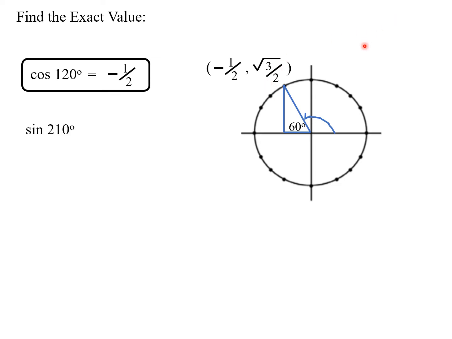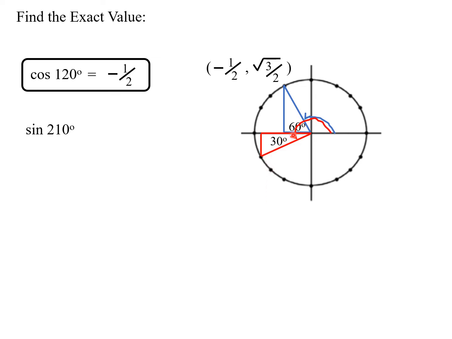All right, sine of 210. Where is that? Well, if this is 180, then 210 is 30 degrees past it, and that makes it right here. If we draw in our triangle, our reference angle will be 30 degrees.